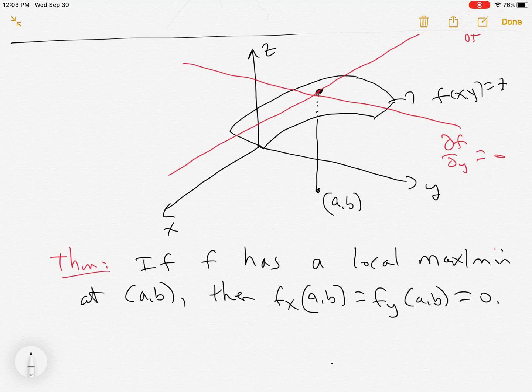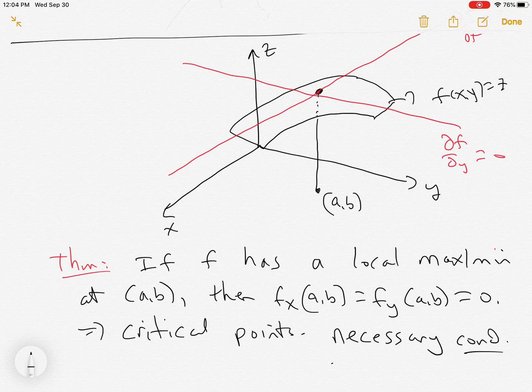But the converse isn't always true. It's not automatic that if the partials are 0 that it's a max or a min. This just gives us critical points, candidates for maxes and mins, right? Because the condition is necessary, but not sufficient to prove maxes and mins. Okay.